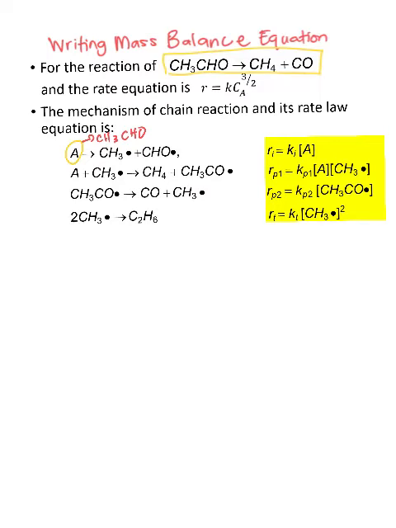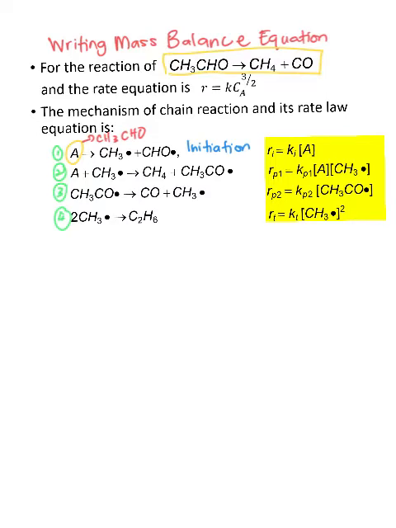The first one, if you look at the mechanism, step 1, step 2, step 3, and step 4. The first mechanism is the reaction of A to produce 2 radicals. The steps that produce the radical species, we call an initiation step. Initiation, because reactant A will produce a radical CH3 and radical CHO.